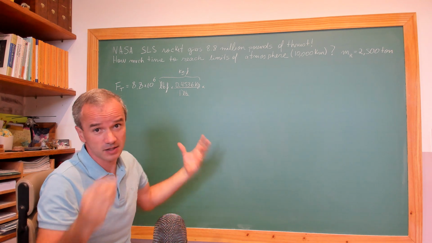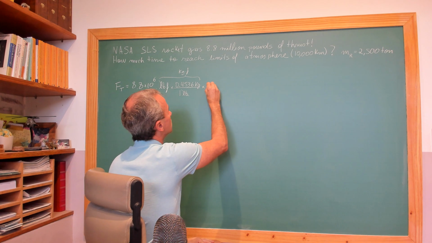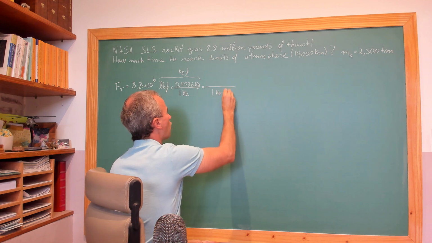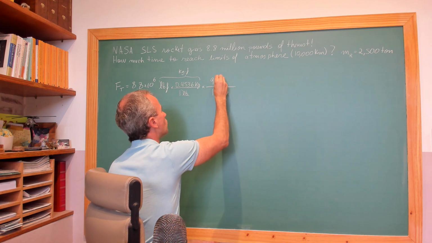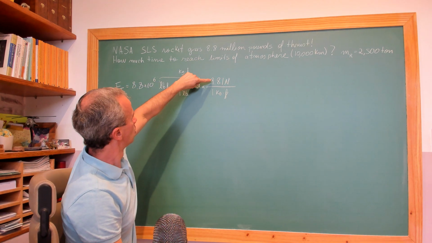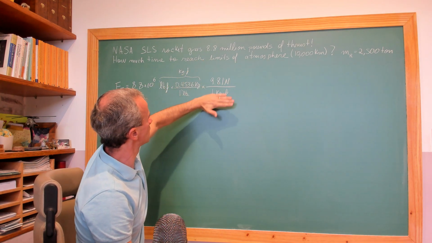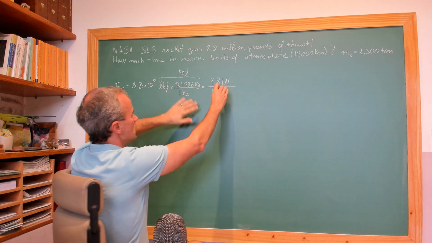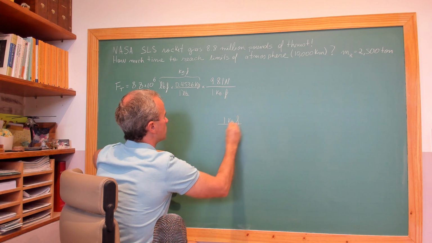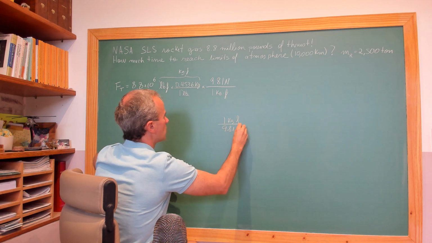Kilogram force is not an SI unit. So let's go: 1 kilogram force is the same as 9.81 newtons. Why not 1 kilogram force and 9.81 newtons the other way around? Because if I write 1 kilogram force divided by 9.81 newtons, I can't cancel.